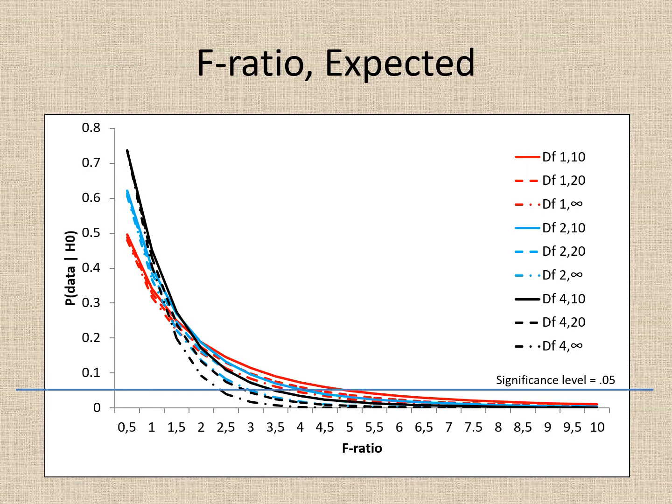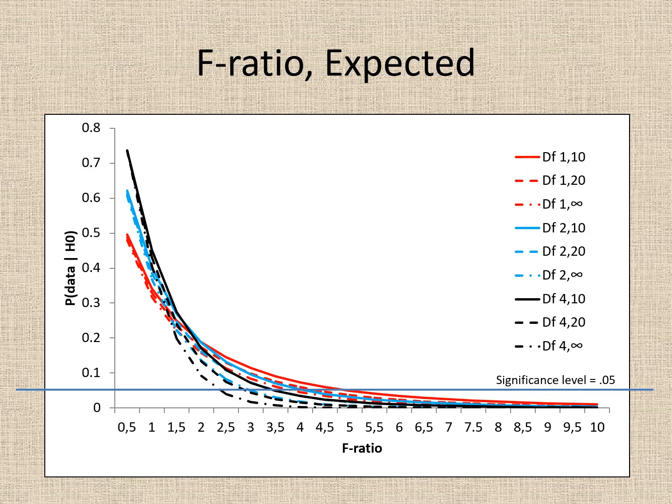So we have this relation between the F ratio and the probability of getting that F ratio or an even larger one, given that the null hypothesis is correct. It depends a bit on degrees of freedom. We'll have a look at that a bit later.